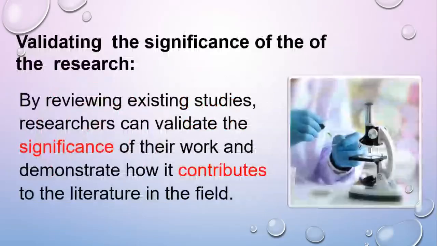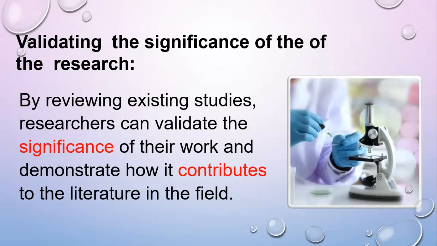Okay, another point here: it's important for a researcher to conduct literature review because when you review literature, this will give you insights about how significant your study will be and the ways in which it is going to contribute to the literature in the field. So validating means showing how valid your study is and how important.